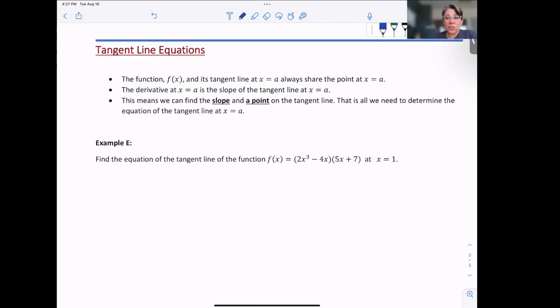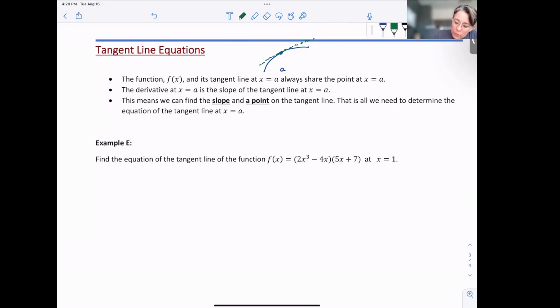So now we're looking at tangent line equations again. Don't forget if we have some curve here at, let's say x equals a, the tangent line follows along, kind of snuggles up to the curve, and we can find the slope at a single point. So the function f of x and its tangent line at x equals a always have the same point at x equals a.